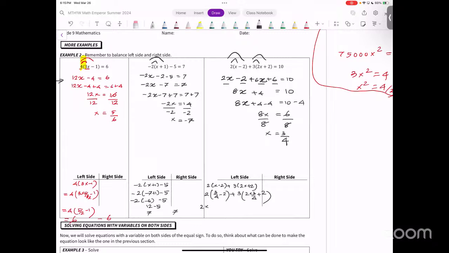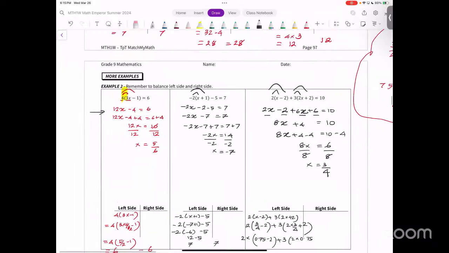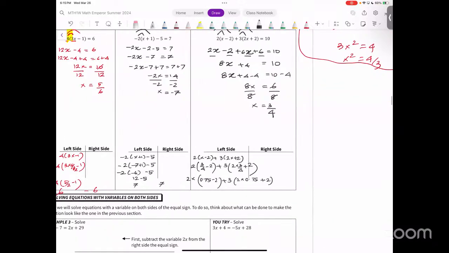2 times 3 over 4, you can simplify to a decimal number if you want, 0.75 minus 2 plus 3 times 2 times 0.75 plus 2. Two times negative 1.25 plus 3 times 2.75 plus 2.